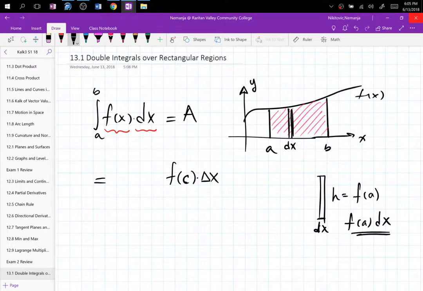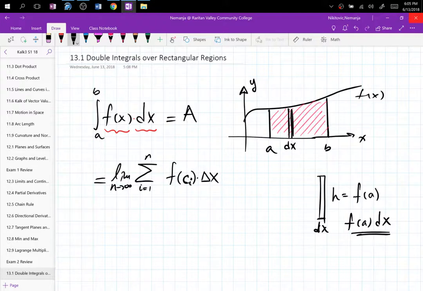And then what you do is you add all of the rectangles from i equals 1 to n. So I'm going to now call this c i because I will have multiple there, and then I'm going to send the number of those rectangles to infinity.